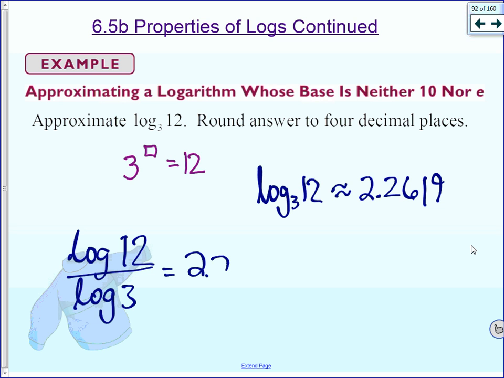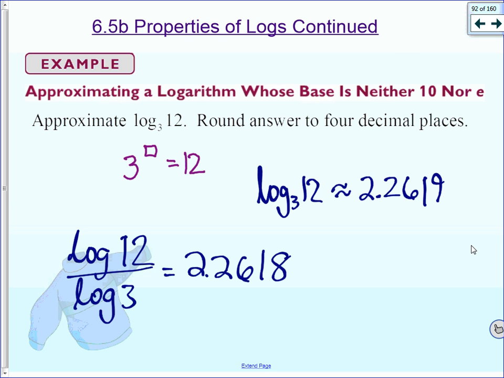Off by thousandths. And it doesn't matter what you change it to. If you guys tried out ln of 12 over ln of 3, it should be exactly the same. So now you can do any log you want.